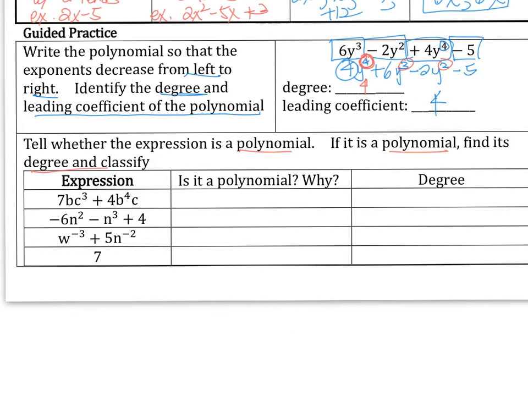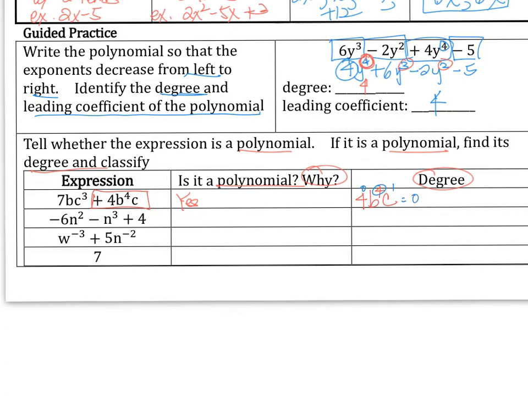So for the first example here, we have 7b c cubed plus 4b to the 4th power c. So is this a polynomial? I would say yes. Okay, and why? Because it doesn't have a negative exponent or a variable in the denominator. Okay, and the degree, you would take this term, 4b to the 4th power c, and add the exponents.